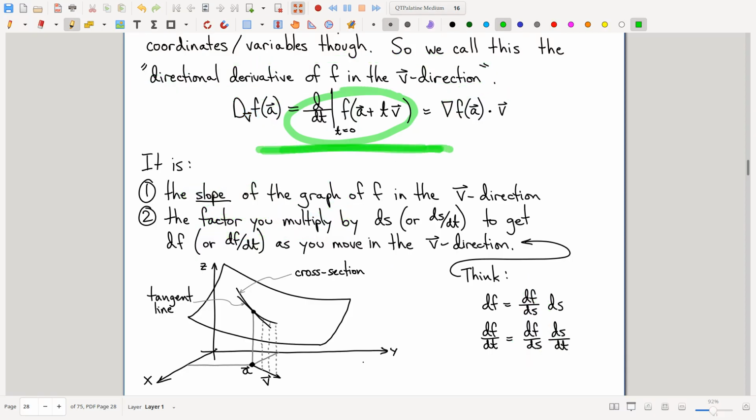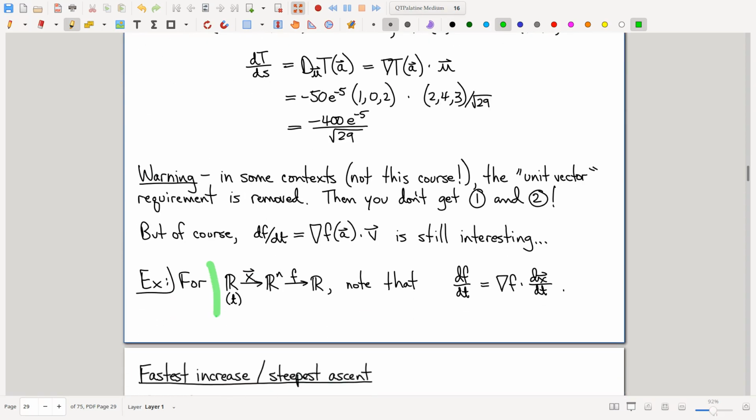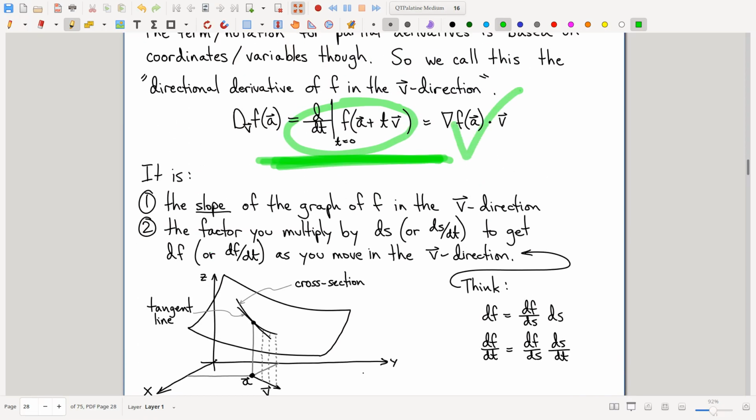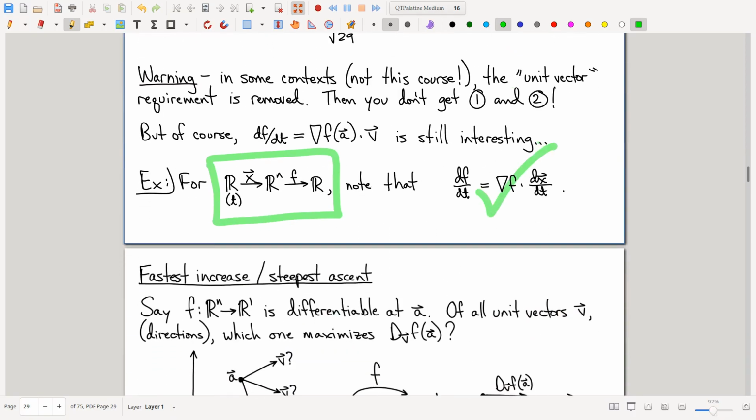If you write down this expression, and if you simply apply the chain rule to compute it, as indicated by this little composition here, what you will find is that you reproduce this formula, namely that df/dt is gradient dot velocity. So this is a nice exercise. Again, just write down the chain rule as applies to this diagram, and you'll show what I previously claimed.